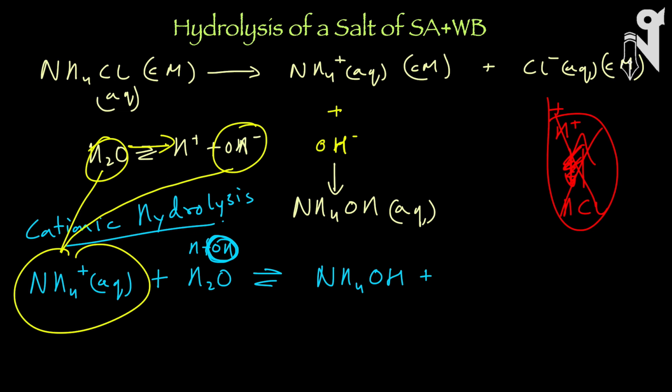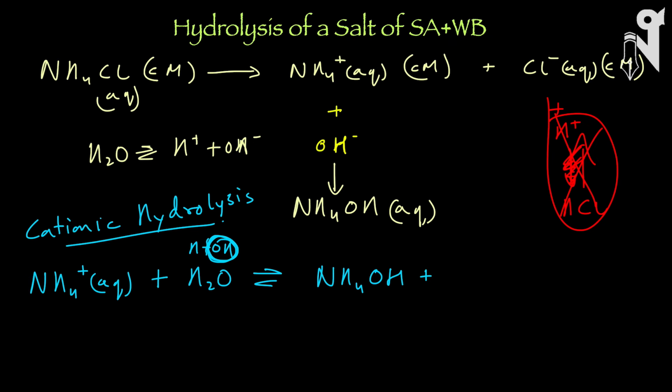That is what is called hydrolysis. NH4 plus is attacking water, breaking it up, combining with the OH to give you NH4OH, and H plus is getting released. So that's your hydrolysis equation.